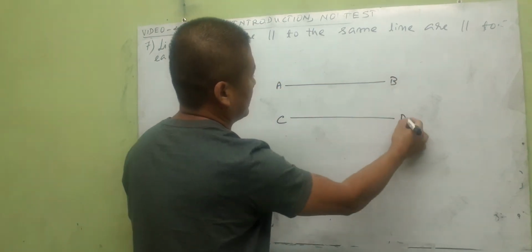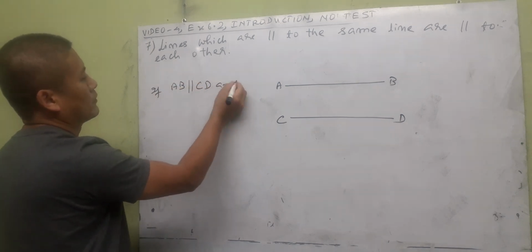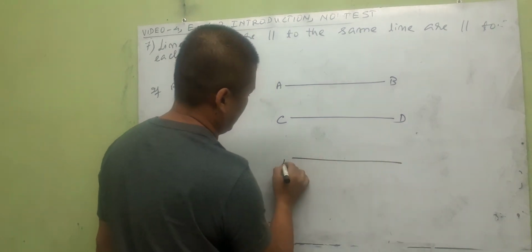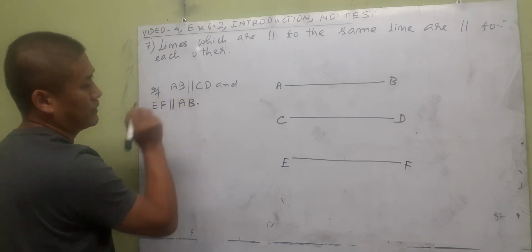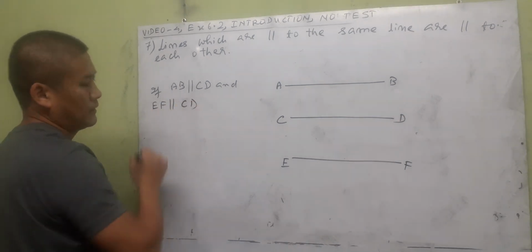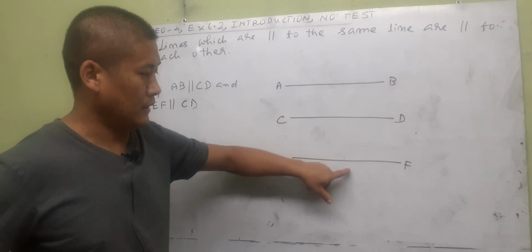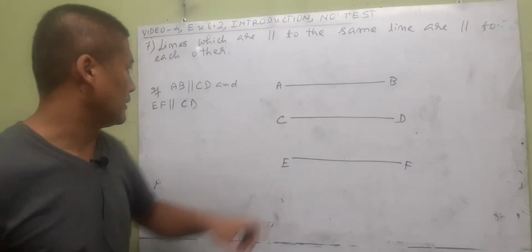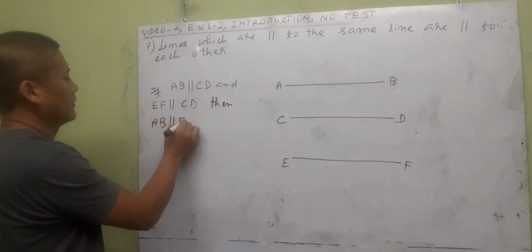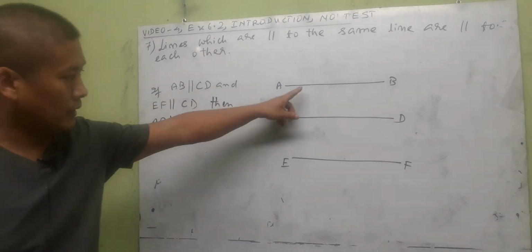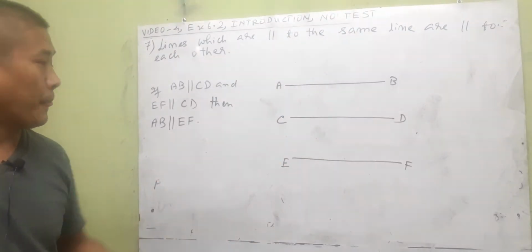So what this means is if AB is parallel to CD and another line EF is also parallel to the same line CD, so AB and EF are parallel to the same line CD, then those two lines will also be parallel to each other. If two lines are parallel to the same line CD, those two lines AB and EF will themselves be parallel to each other.